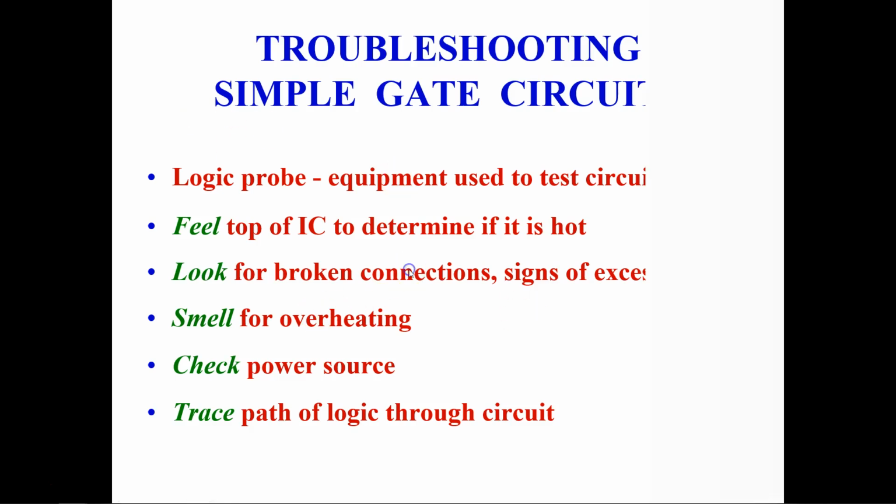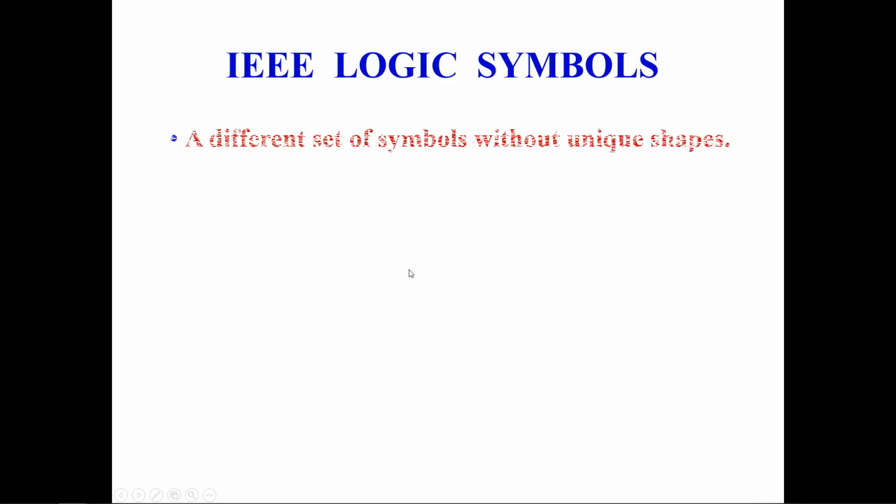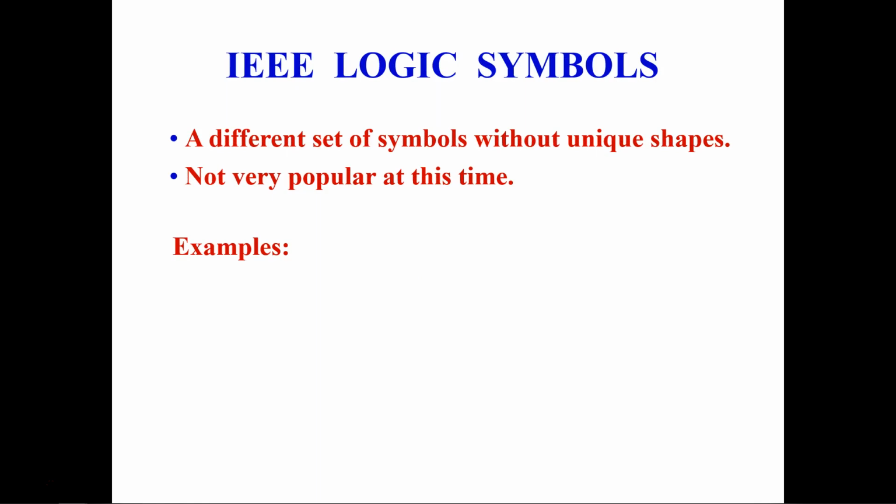Now next is IEEE logic symbols. The IEEE logic symbols for different gates are different from the traditional logic gates which can be seen in the books. We're going to see how they look so that you don't get confused if you see that symbol.